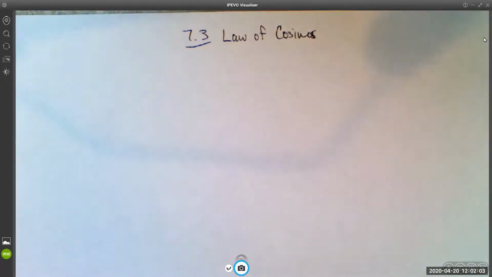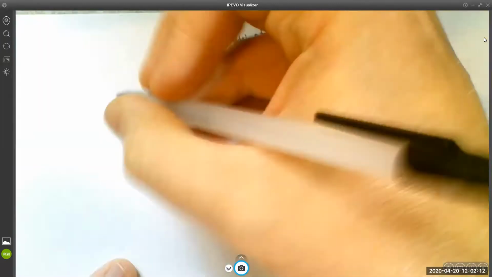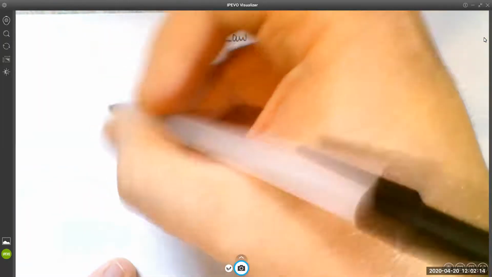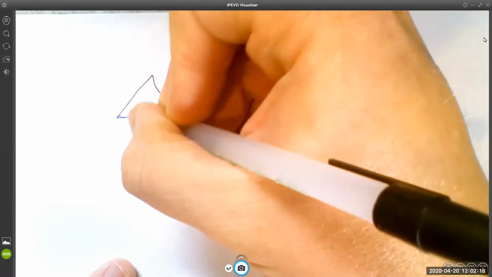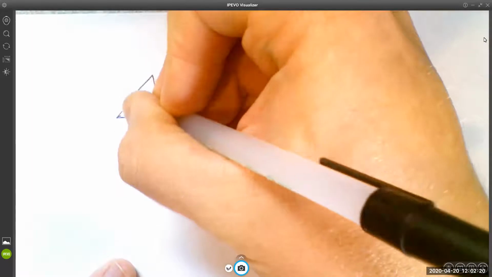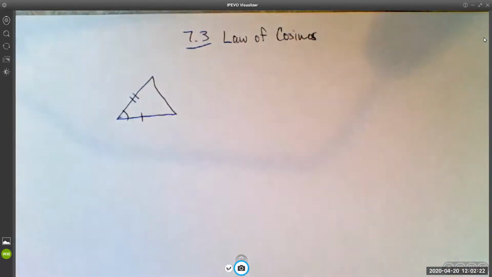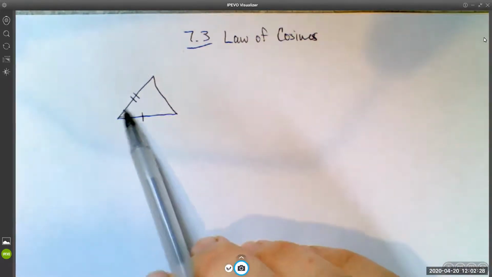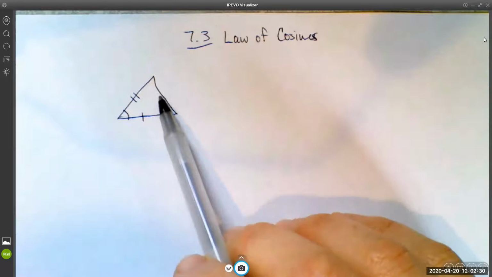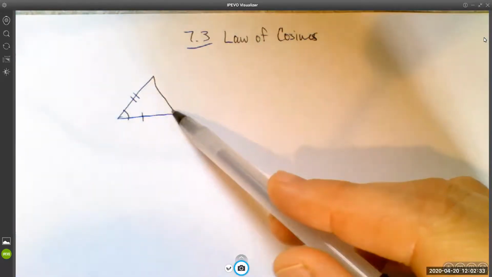For the last two types, side, angle, side, and side, side, side, the law of sines doesn't help us, and so we need the law of cosines for that. If you imagine that you've got a triangle, and you know a side, an angle, and another side, right? So that's the information you're given. Now, law of sines isn't going to help here because law of sines will say something like sine of this angle over this side equals sine of, say, this angle over that side.